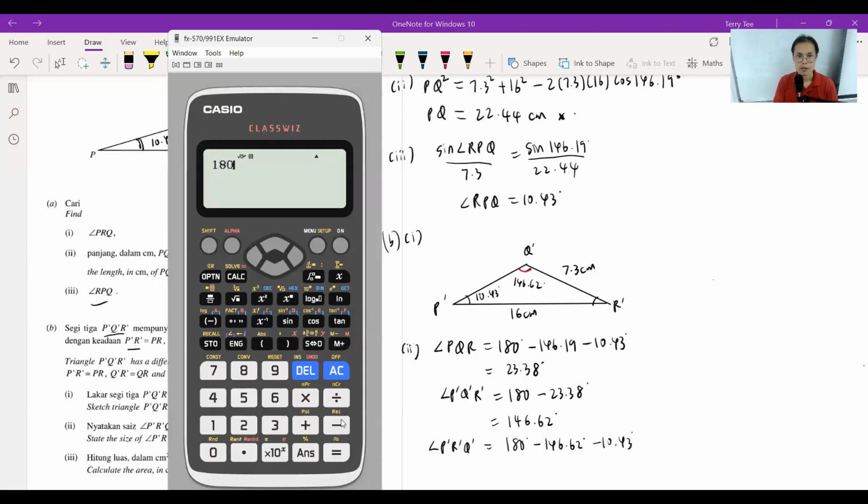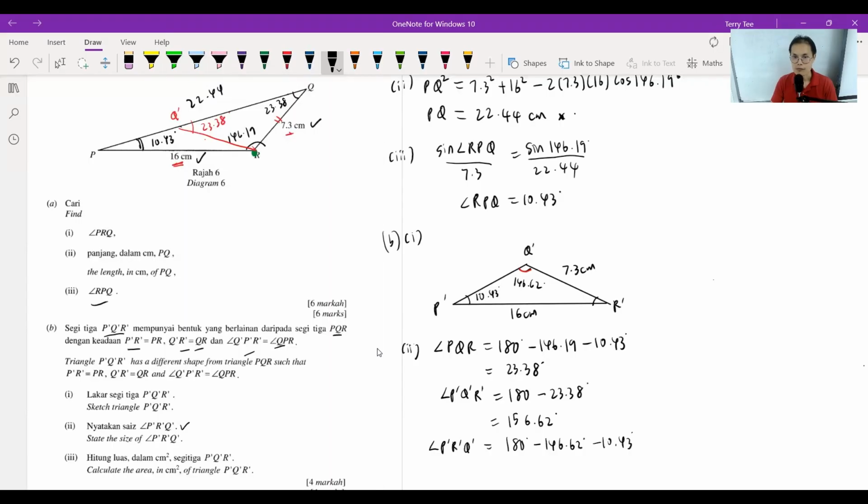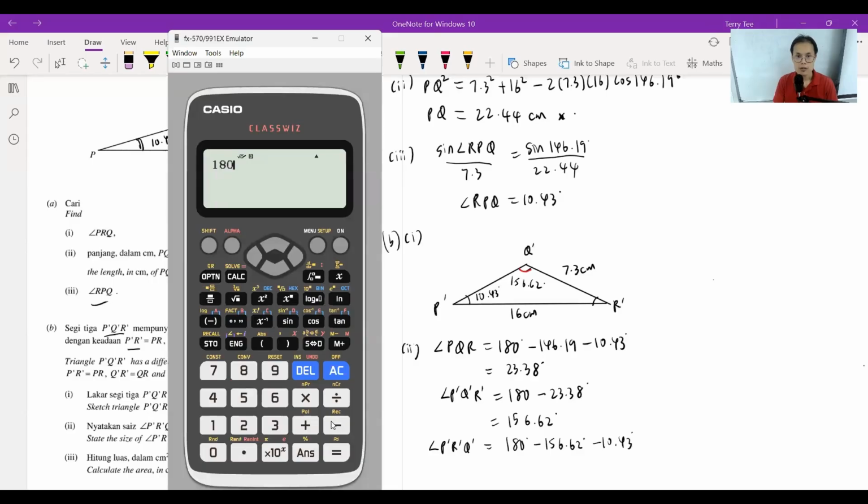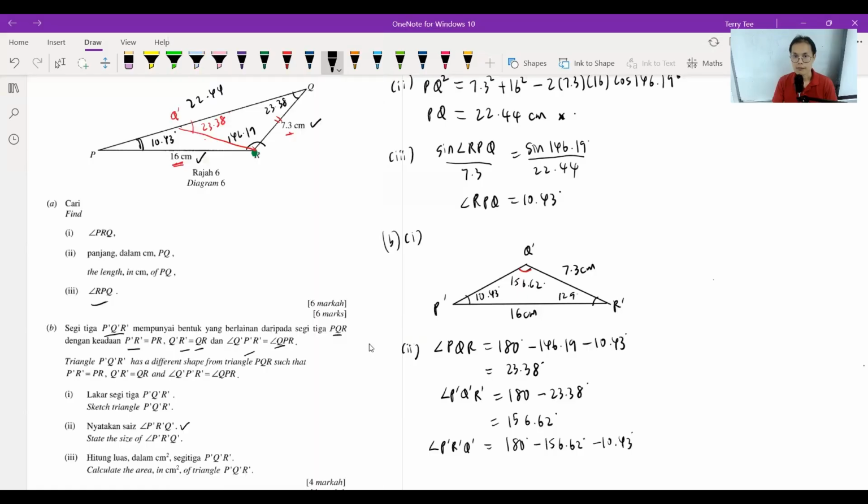Did I just count wrongly? It's 156, sorry, 156. So when you do 180 minus this, you're actually getting back 23.38, then minus 10.43. A very small angle, 12.95. Okay, this is 12.95.